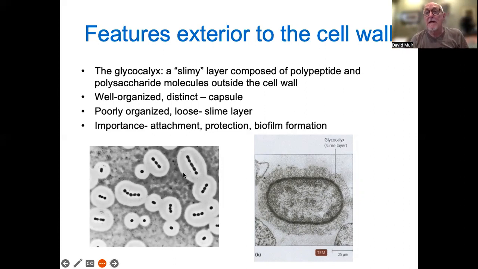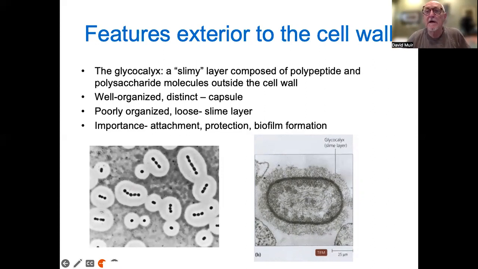And the capsule is partly protective. It protects against predators and things like that. It has a certain amount of protection against viruses. But its most important feature is that it allows the cell to attach. And attachment in bacteria is very important.